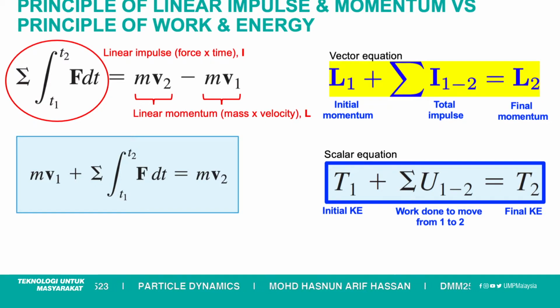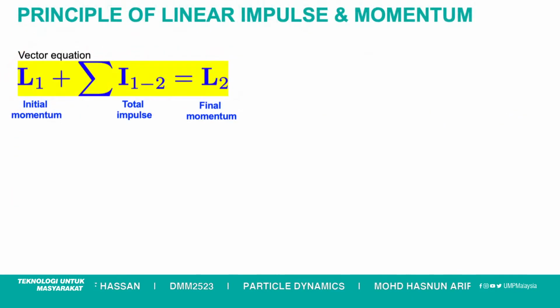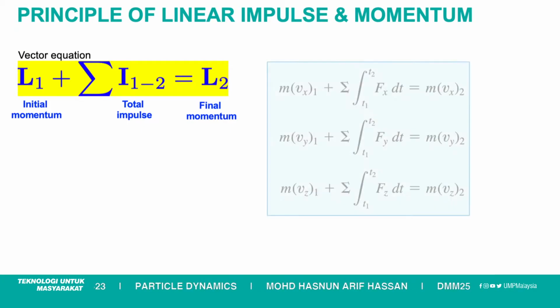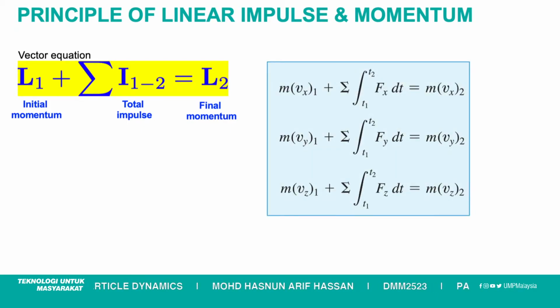But to avoid calculating in vector, what we can do is write the principle of linear impulse and momentum into three separate axes based on the axis of the motion.